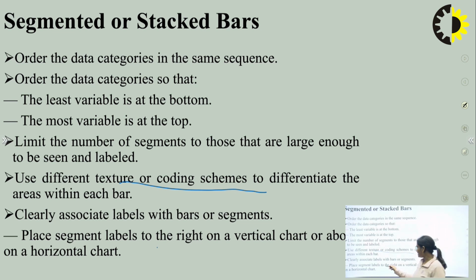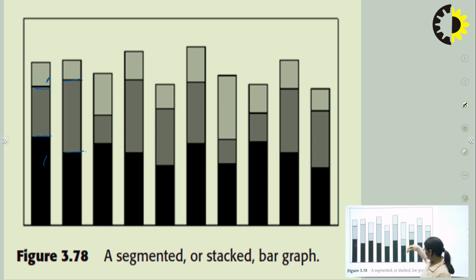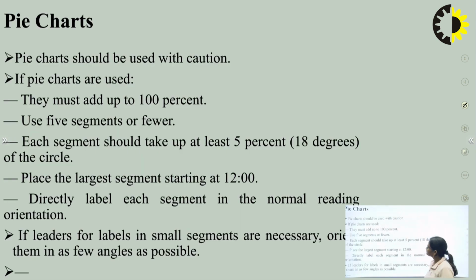Place segment labels to the right on a vertical chart or above on a horizontal chart. So in this case we are showing a segmented or stacked bar, and we have discussed the main points that we have to follow while creating our segmented or stacked bar graph.